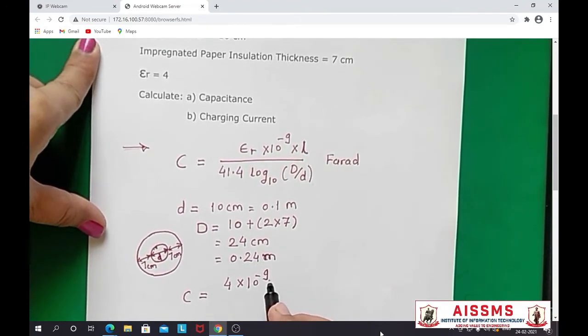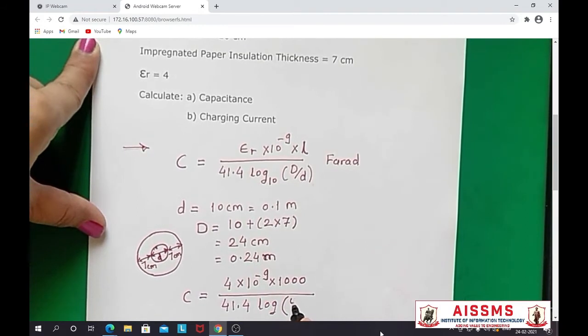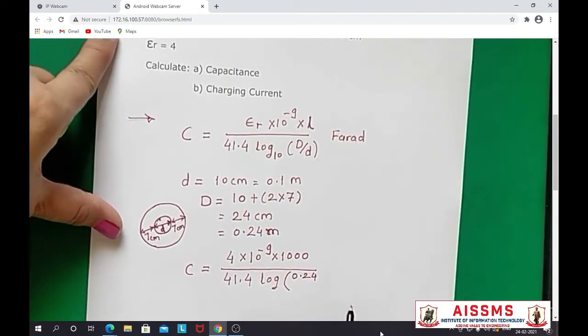The length of cable is given, it is 1 kilometer, or we can write it as 1000 meter, divided by 41.4 into log, diameter of the cable is 0.24 divided by diameter of the core is 0.1.